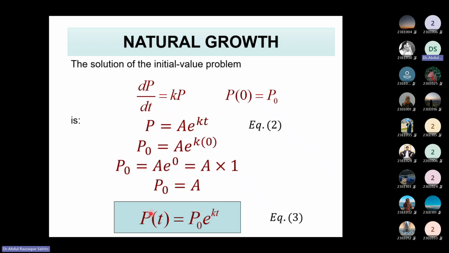This model is called the law of natural growth, in which we have a population as a function of time equals to the p naught exponential power kt. ये आप इक्वेशन पेज पे लिखें. आप अपने नोटबुक के पेज पे ये लिखें इक्वेशन. पी ऑफ टी इक्वल्स टू पी नॉट एक्सपोनेंशियल पावर के इंटू टी. लिख दिया आपने क्वेश्चन? Yes, sir.